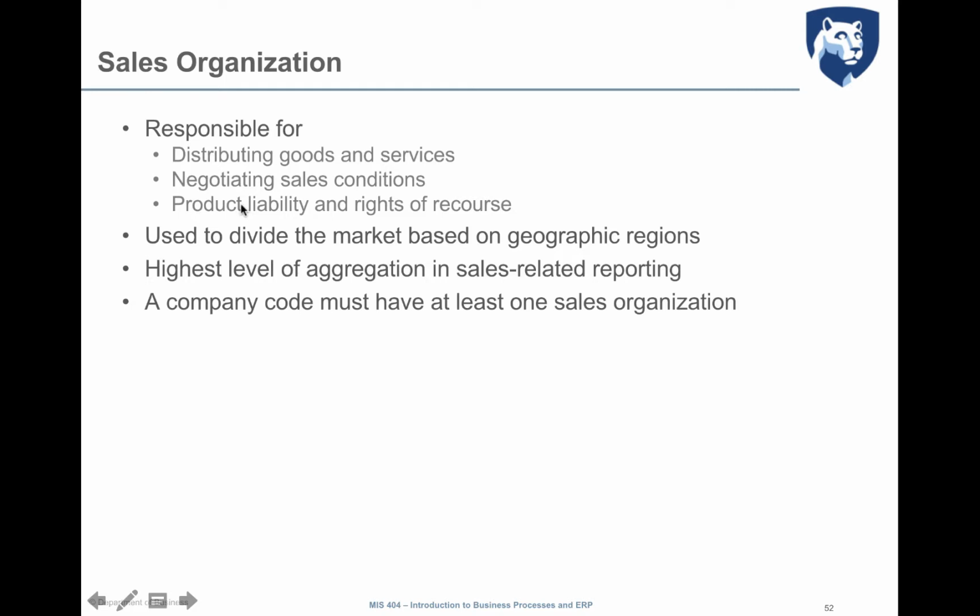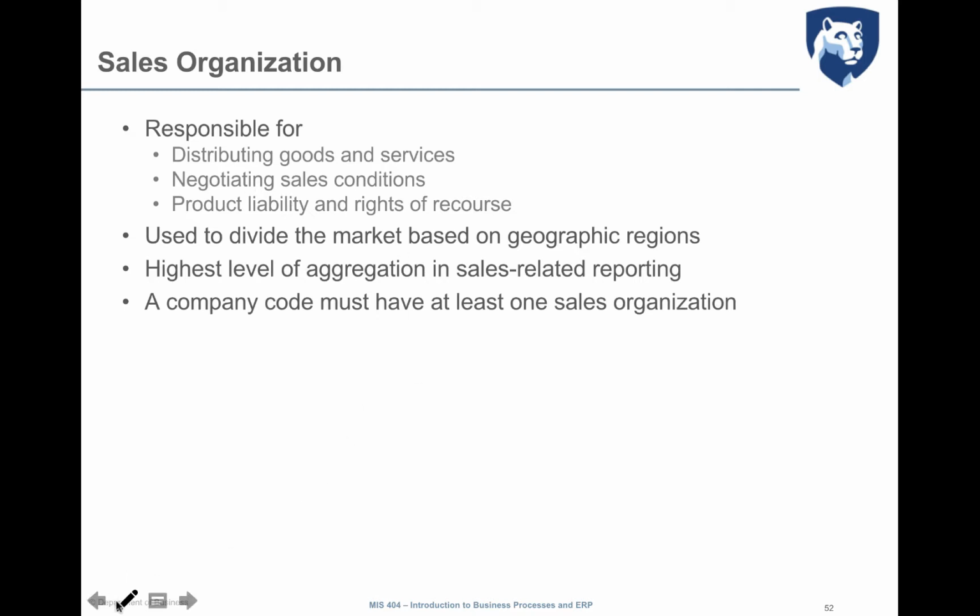We already talked a bit about this during the introductory concepts, but a company is divided into several sales organizations according to the way it organizes the sales department. For example, if we are talking about sales organizations per geographical area, each of them is responsible for the sales and the distribution of goods and services for a particular geographical area, which can refer to a regional or a national market.